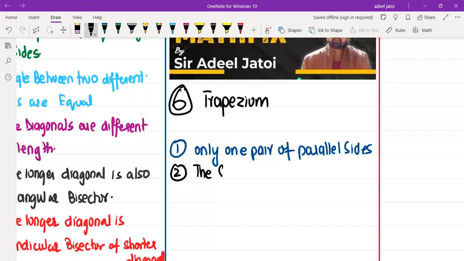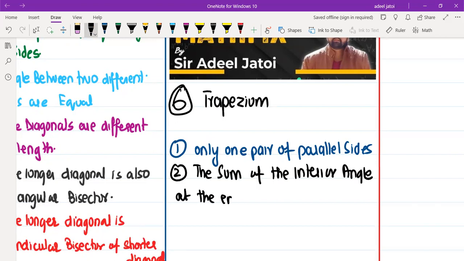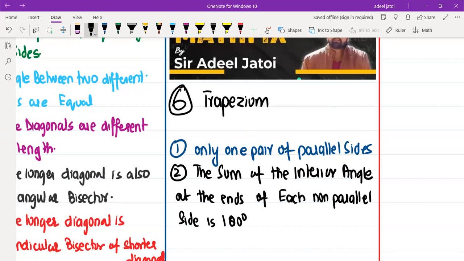The sum of the interior angles at the end of each non-parallel side is 180 degrees.